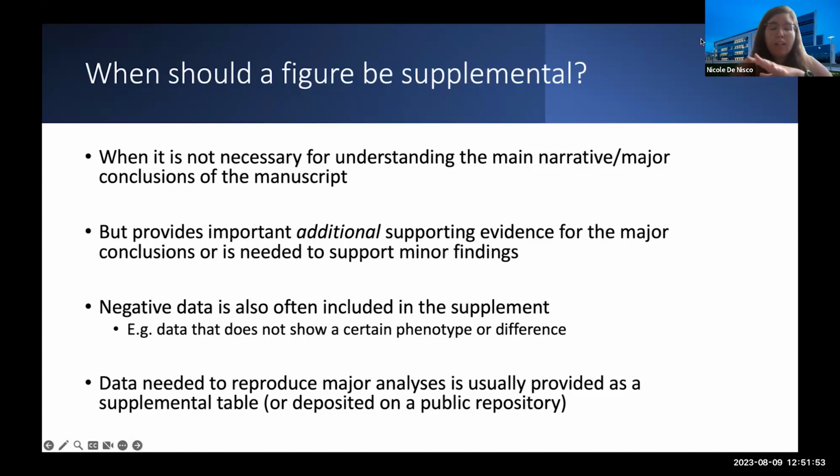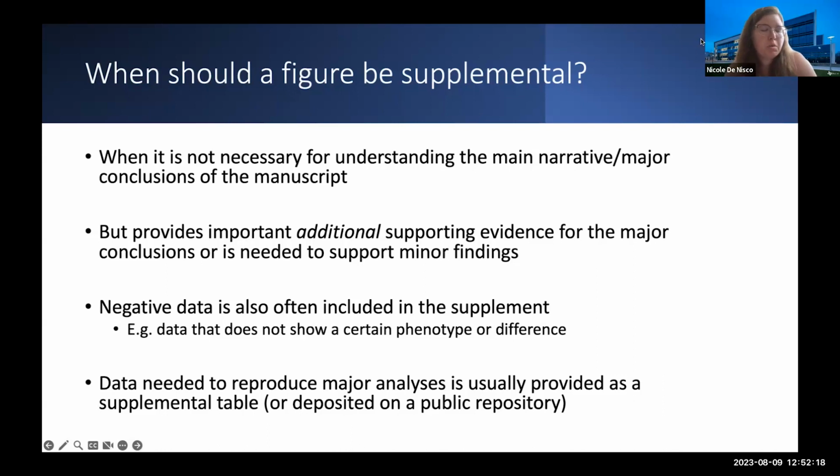There are sometimes limitations in how many figures you can have in the supplement, but it's a good idea to do that because it will keep other people from trying to do what you did and also not finding anything, right? And so in the idea of transparency and trying to move things forward, it's good to report negative data when you can.